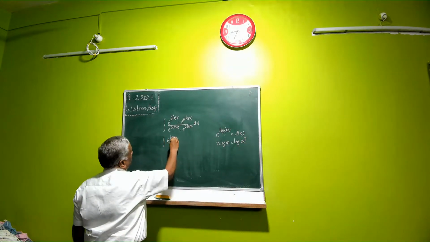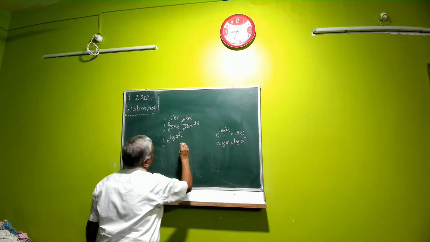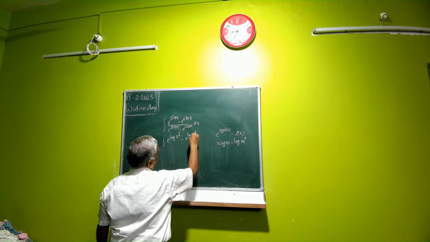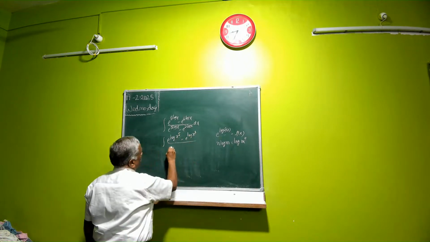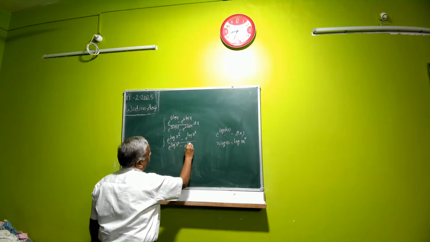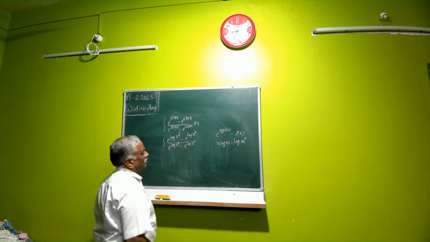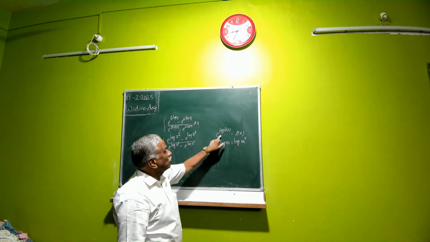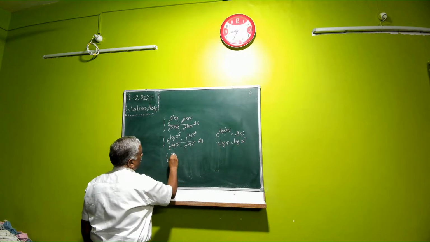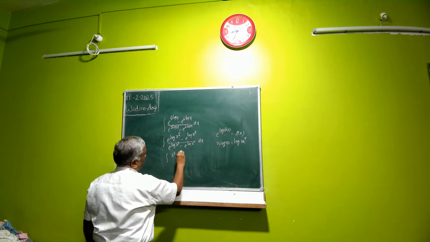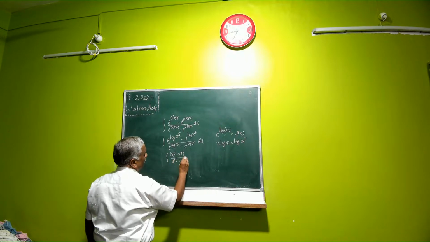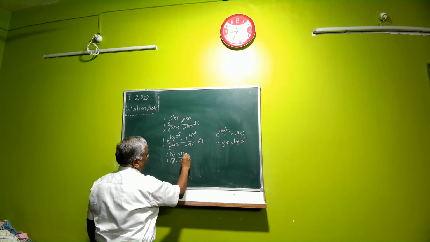This is e to the power of log x to the power of 5 minus e to the power of log x to the power of 4 divided by e to the power of log x cube minus e to the power of log x square. I am using this formula. Now I am going to use this formula. So this is equal to x to the power of 5 minus x to the power of 4 over x cube minus x square dx.